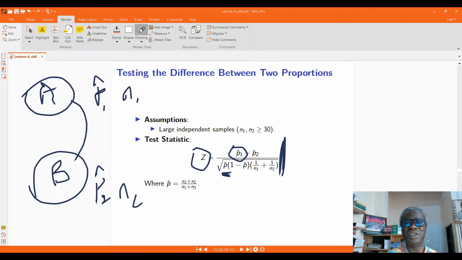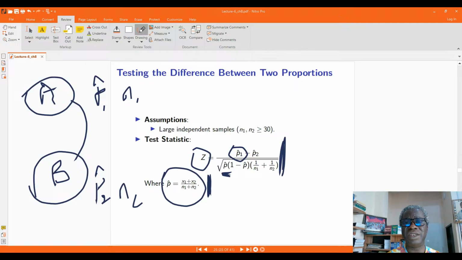So this P is what we call the pooled proportion, and is computed by adding how many successes you have in sample 1 and how many successes you have in sample 2. So that is what gives you this expression.